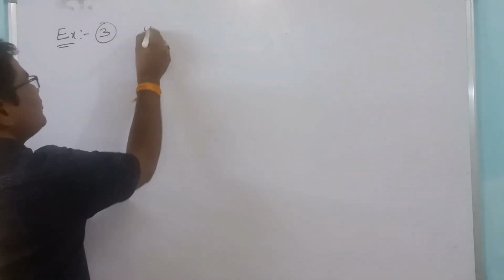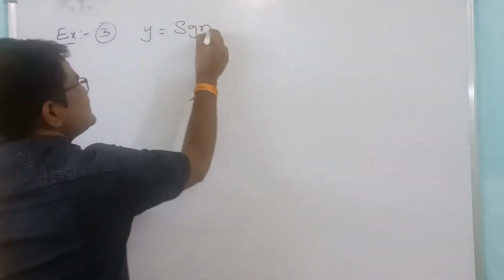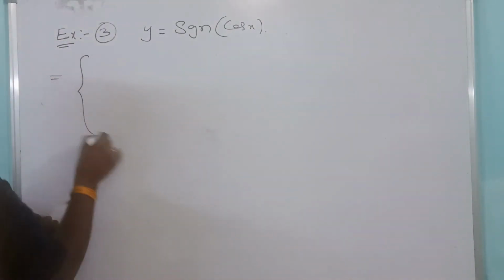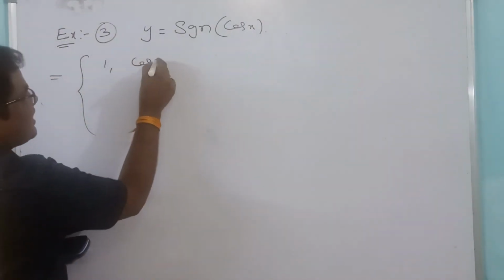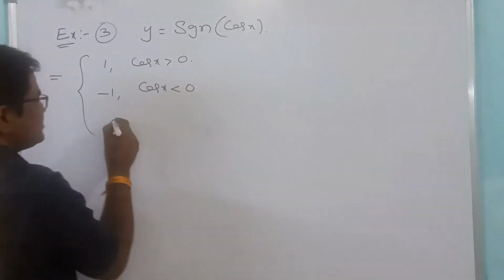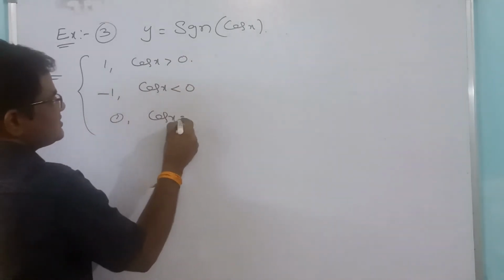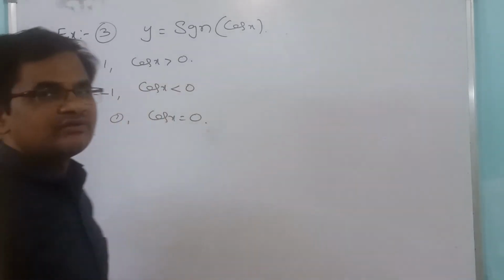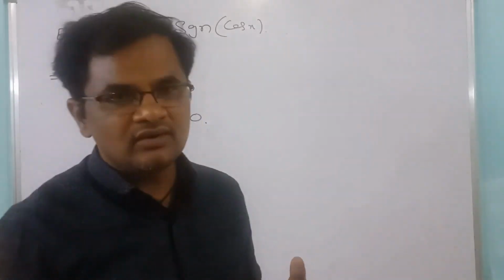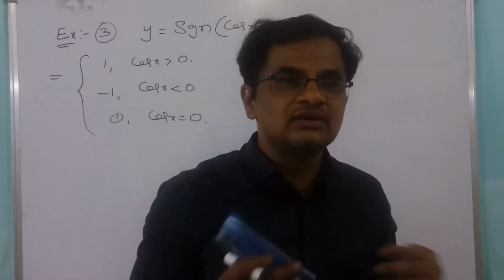This is also an important one, y equal to signum of cos x. Here also we write 1 whenever cos x greater than 0, minus 1 whenever cos x less than 0, 0 whenever cos x equal to 0. Here also we have to identify the intervals where cos x is greater than 0, less than 0, and cos x equal to 0.